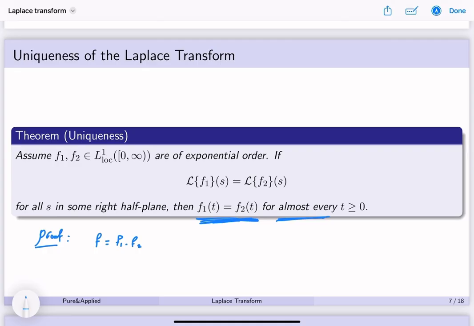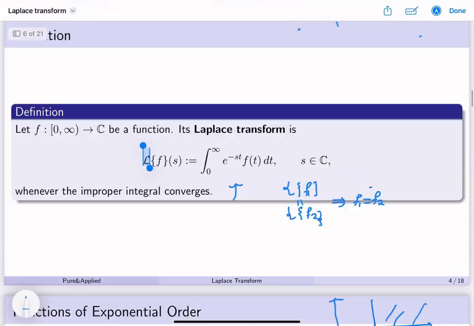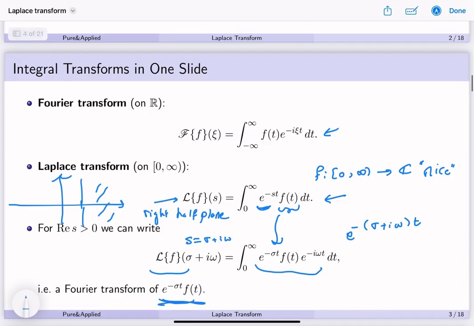what you know is that if you introduce a function g of t, a modified version of this function, let's call it e to the minus sigma t times f of t, then the Fourier transform of that function is precisely the Laplace transform of f at sigma plus i omega. This fact we know from the observation we made over here: if you take the Fourier transform of this, it's going to be the Laplace transform of the original function.